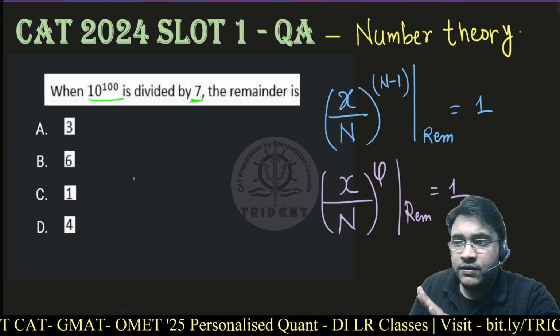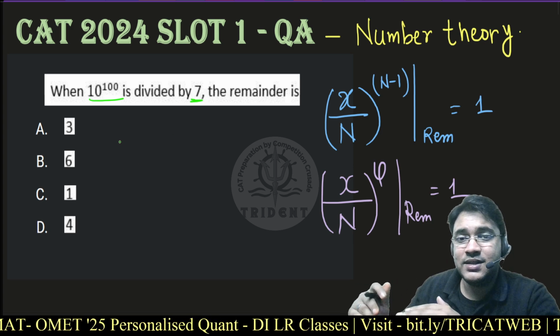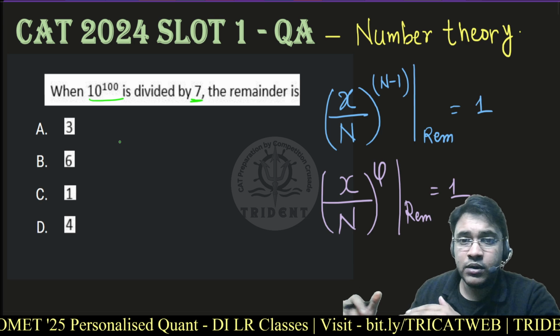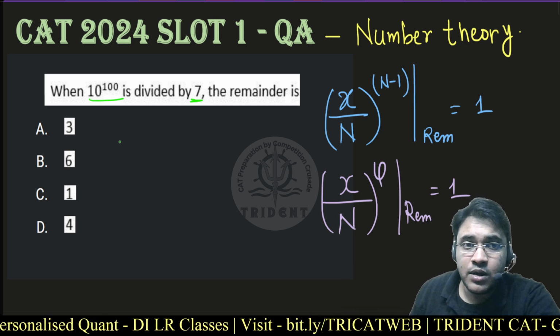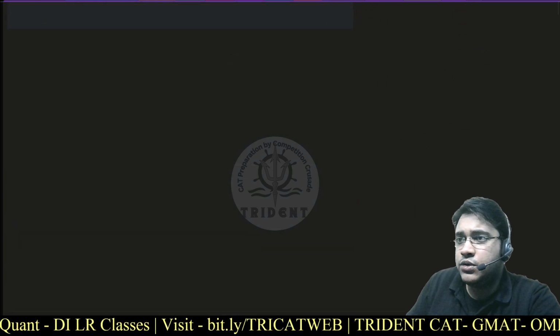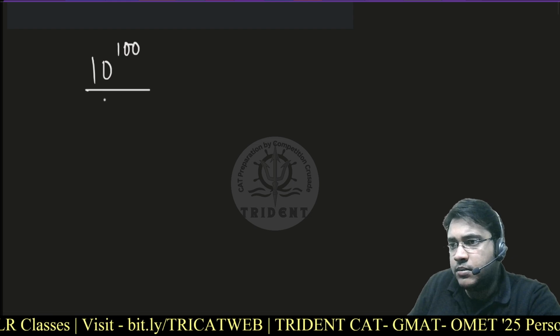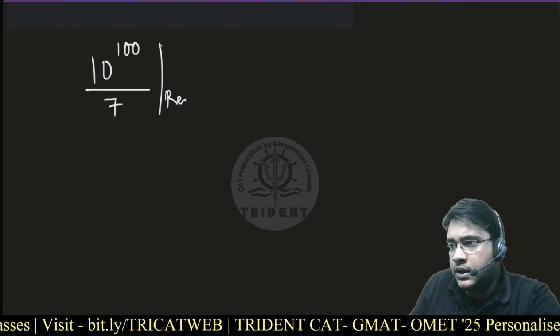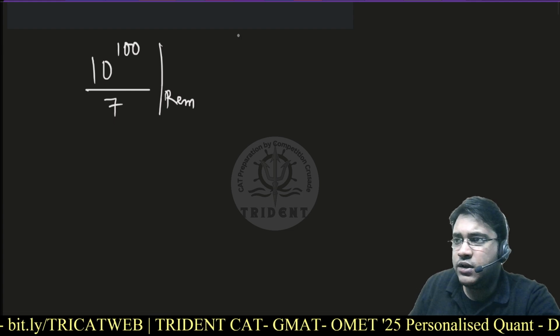So if I can modify the question in such a way that the index is broken down into powers of 6, the remainder will come out as 1. Okay, let's see if we can do that. So the question, I'm retracing it: 10 raised to the power 100 by 7. I know I need to somehow make modifications to get to the answer.